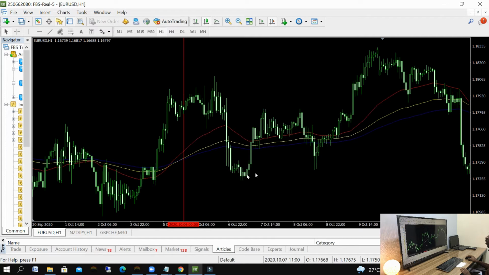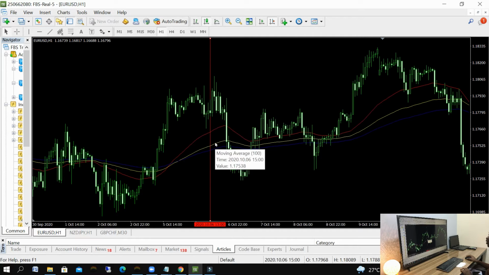So the next condition you are going to check now is the distance between the 50 and the 100. Are they wide? Okay, they are wide, but the distance between this and this is not too wide, so you look for where they are wide. I think they are wide here, you can see.